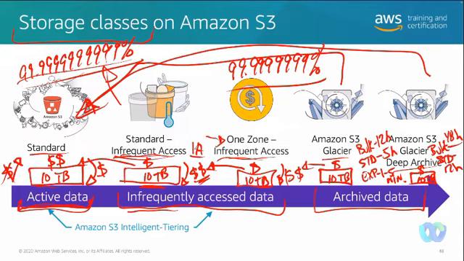But again, it's for infrequently accessed data. If you plan on accessing that data on a regular basis, that's going to cost you more than S3 standard, because you'll incur so many charges to access the data that at the end, it still is more costly than S3 standard.